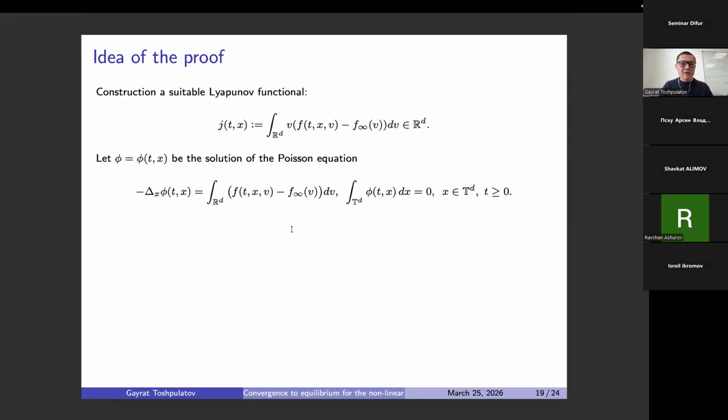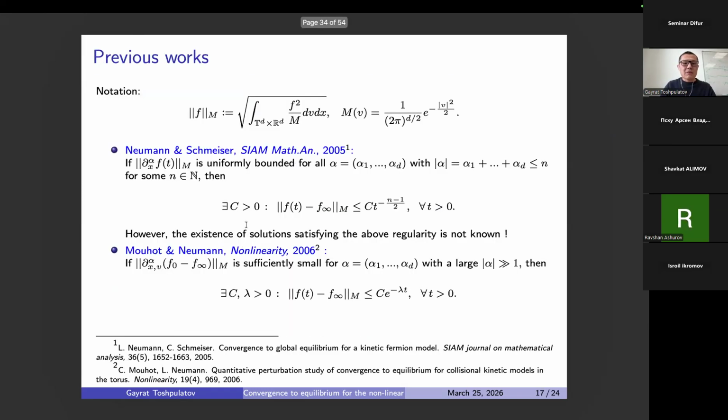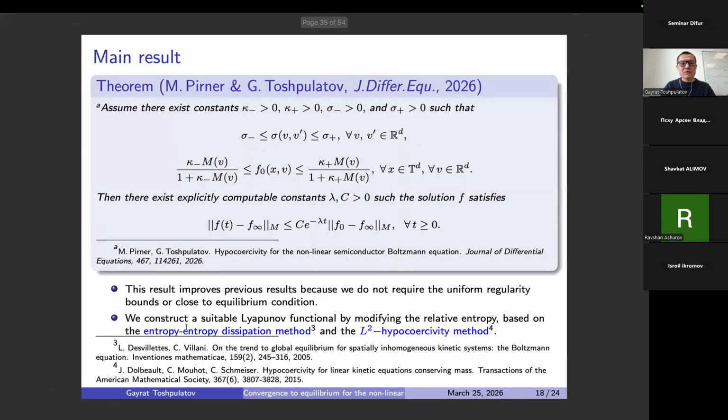So for any initial data, we should satisfy these double inequalities. You can prove this stabilization. It tends to F infinity. In this result, these people tried to use the entropy dissipation method.